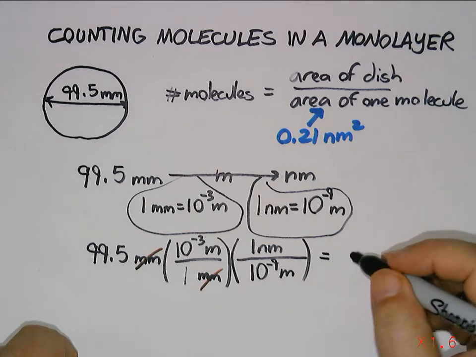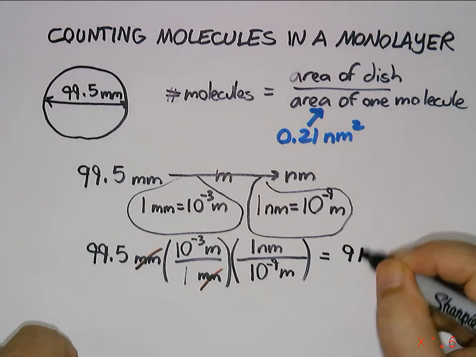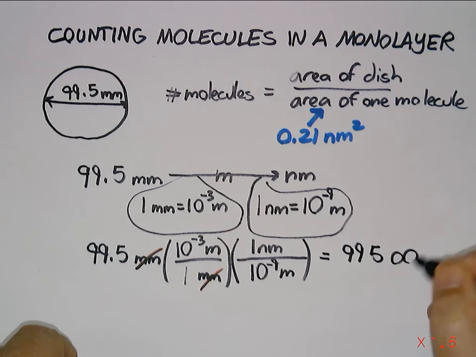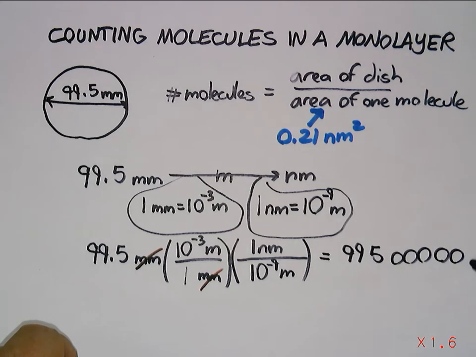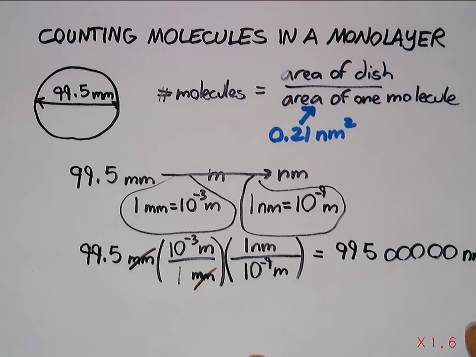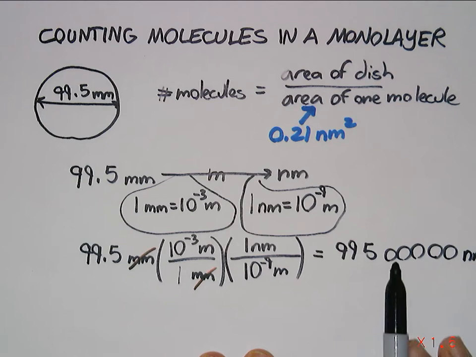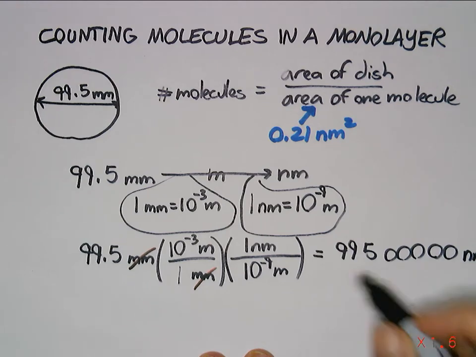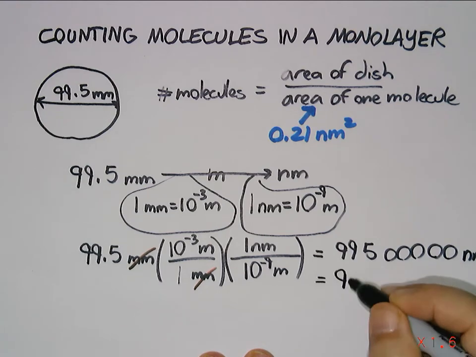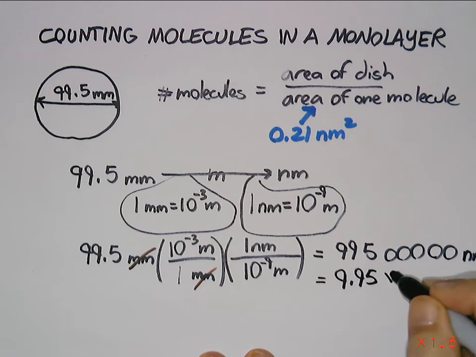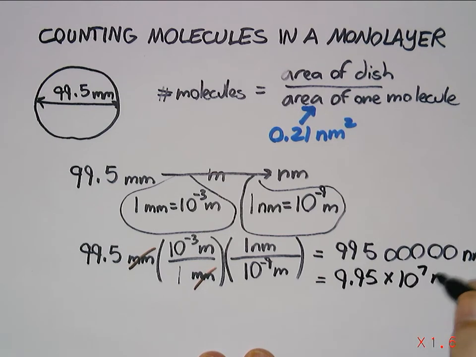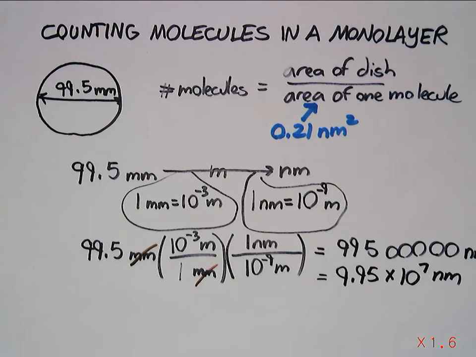And I could write it out like 99,500,000, which isn't really very convenient, right? So let's write it in scientific notation. I can bump the decimal place over 7 places. Okay, so now I have the diameter in nanometers.